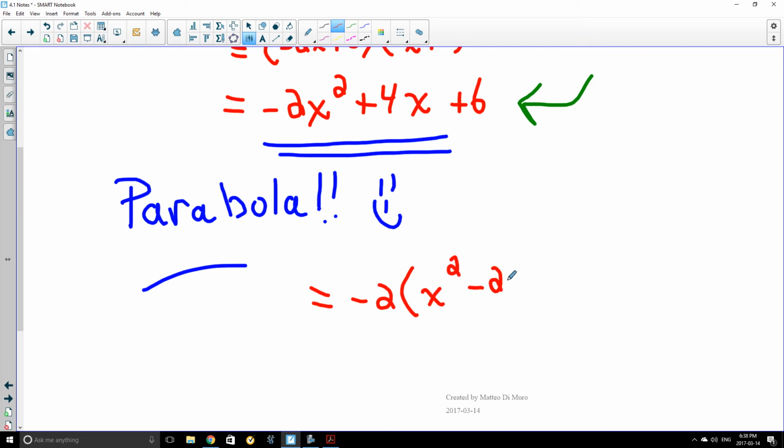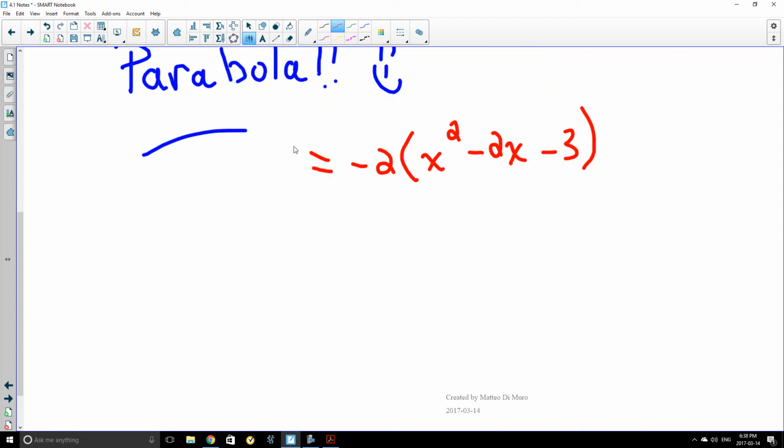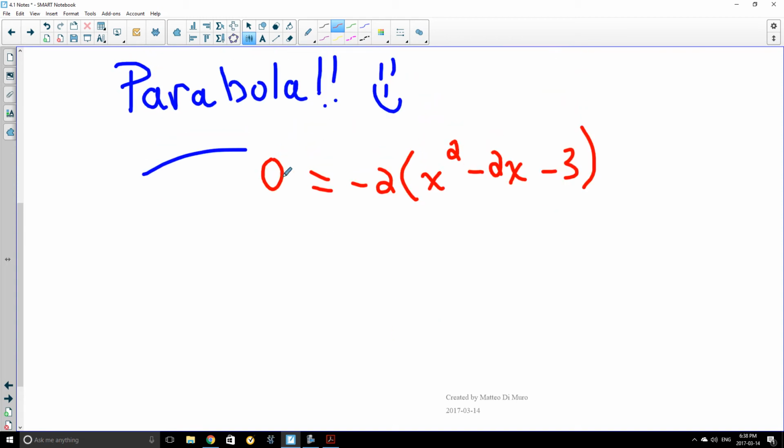Okay, so when I factor this, two numbers that multiply to -3 but add up to -2 are going to be -3 and +1. So we can find our x-intercepts easily enough. Setting y equal to 0, we're going to get x equal 3, and we're going to get -1.